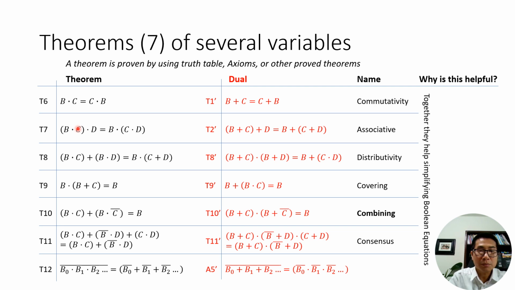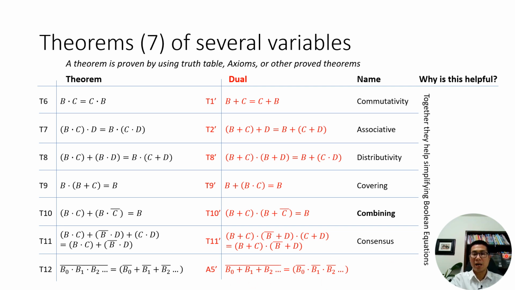You have the negation of all the ORs together, that is, the negation of the output of the OR. So the negation of B0 or B1 or B2 is the same as the negation of the individual elements, and also you change the OR into the AND.